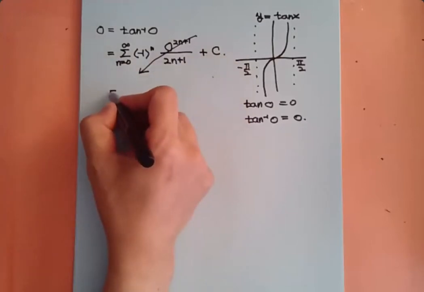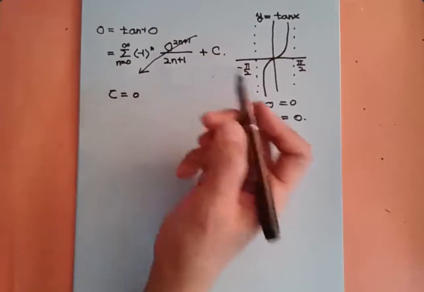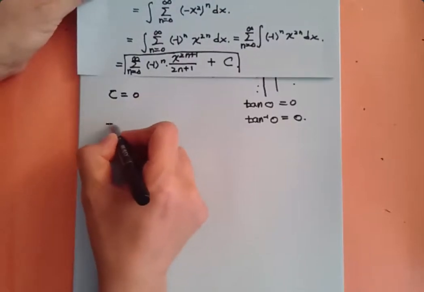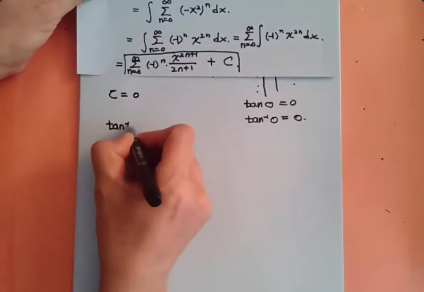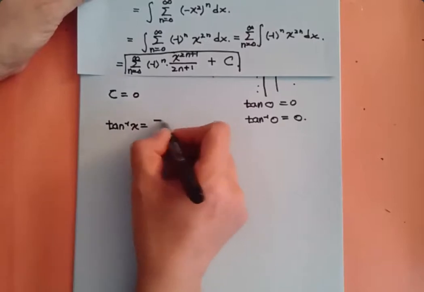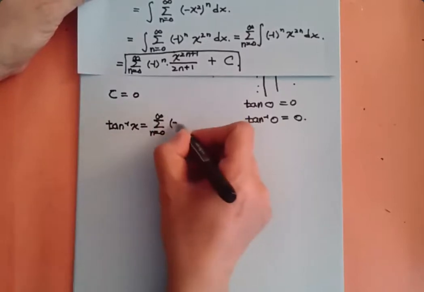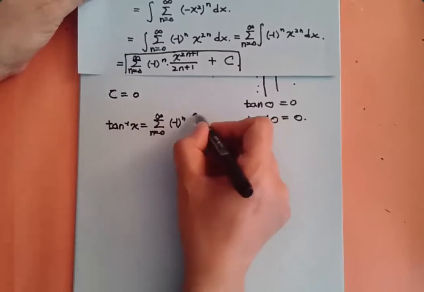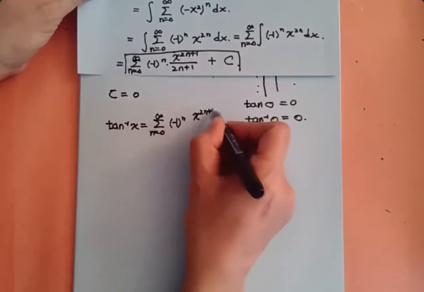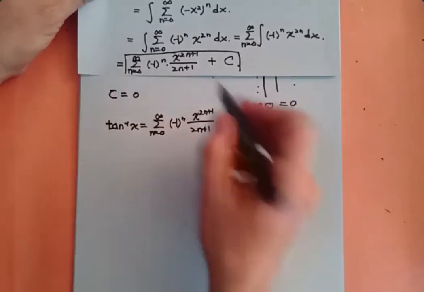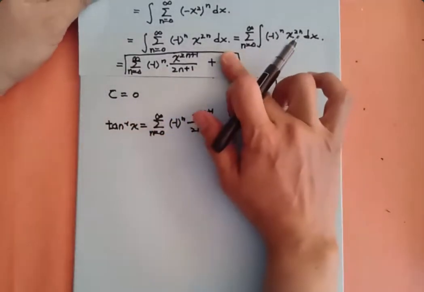So c equals 0. So therefore, we go back to here and we conclude that tangent inverse of x equals the summation n equals 0 to infinity of negative 1 to the n power, x to the 2n plus 1 power over 2n plus 1. So we just ignore this part.